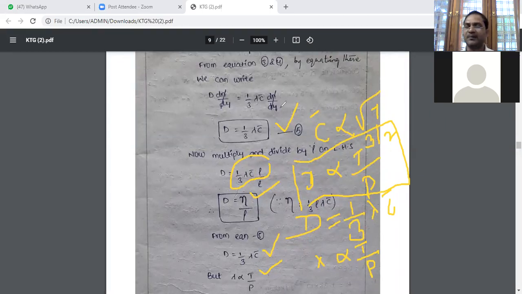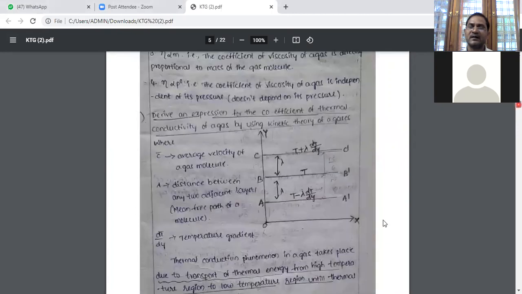There we consider the 3 layers AA dash, BB dash, and CC dash, right, and their concentration gradients, T minus lambda dt by dy and T plus lambda dt by dy. From that, the number of gas molecules transferred from CC dash to AA dash through unit area per unit time is J1, and similarly the number transferred from AA dash to CC dash through BB dash per unit area per unit time is J2.